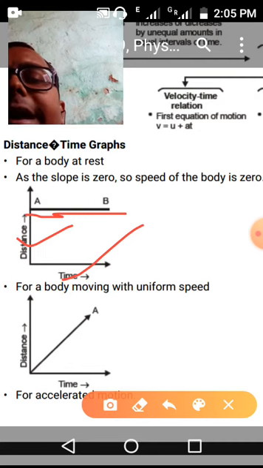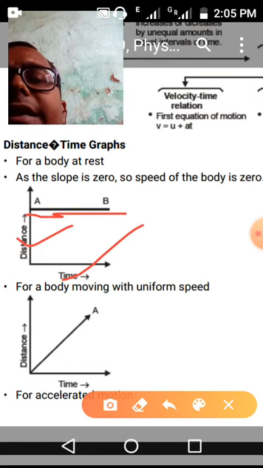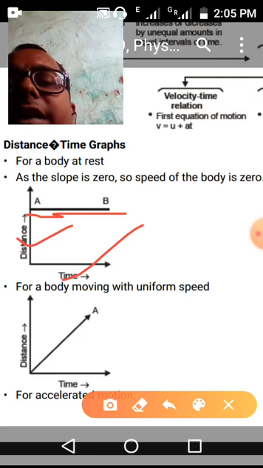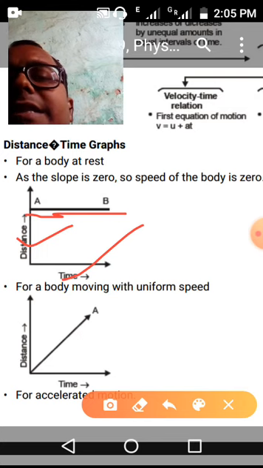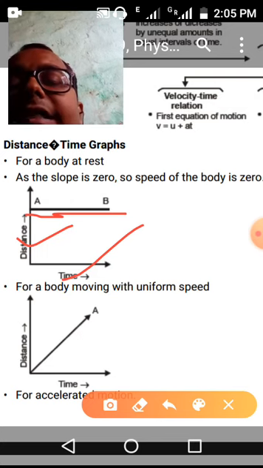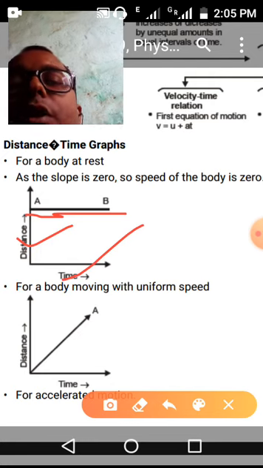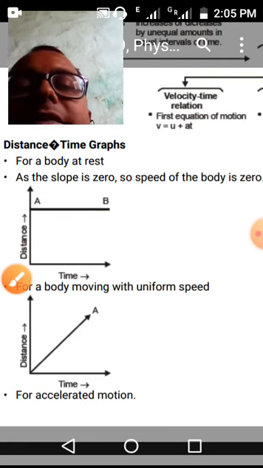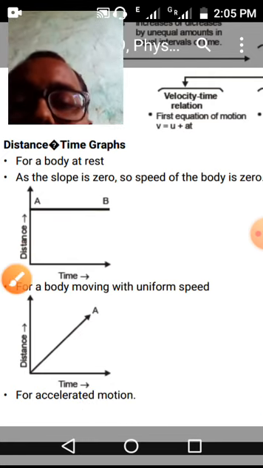We are moving from a to b. From a to b, the distance is not changing but the time is changing. It means the object is at rest, not moving, but time is regularly going on. In this case the slope is 0. If the slope is 0, we can say the body is at rest.